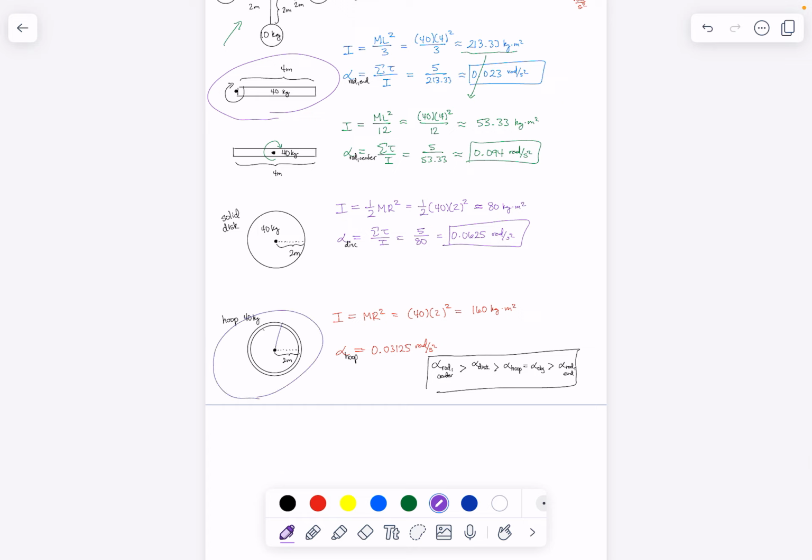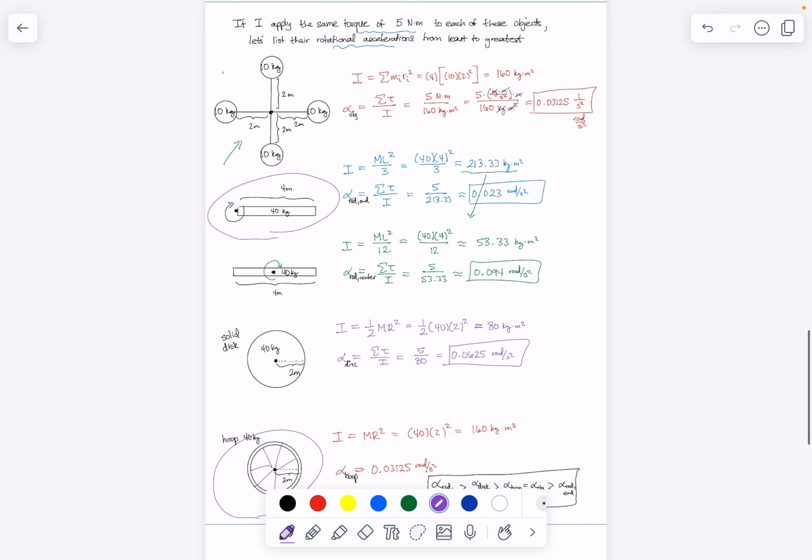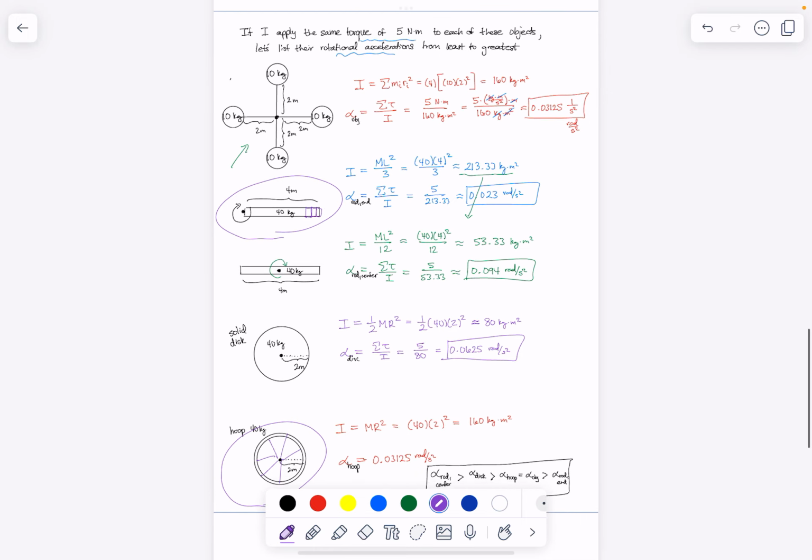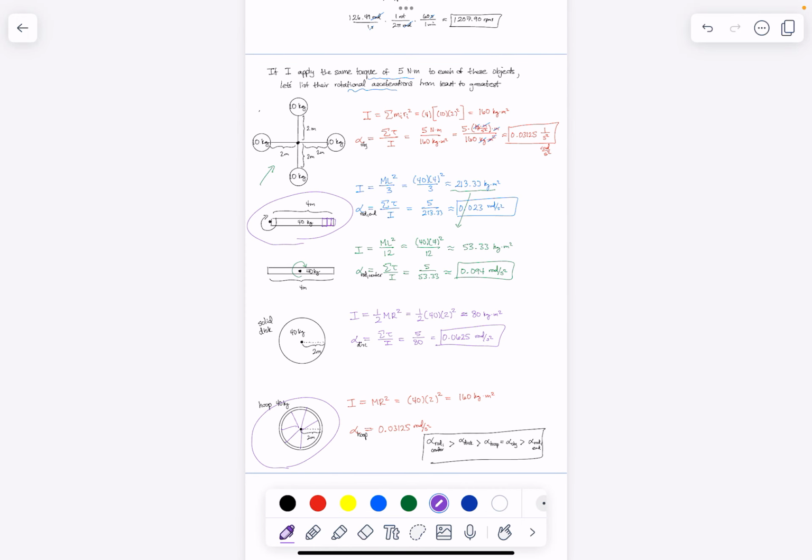All the masses here are only a distance 2 m from the center, whereas in this rod, you have some little bits of mass out here that are more than 2 meters away from the axis of rotation. And that's a big deal because, remember, you're squaring the distance when you calculate this thing. So for a lot of these, you may not even have to do the calculations to make some of these comparative guesses, right?